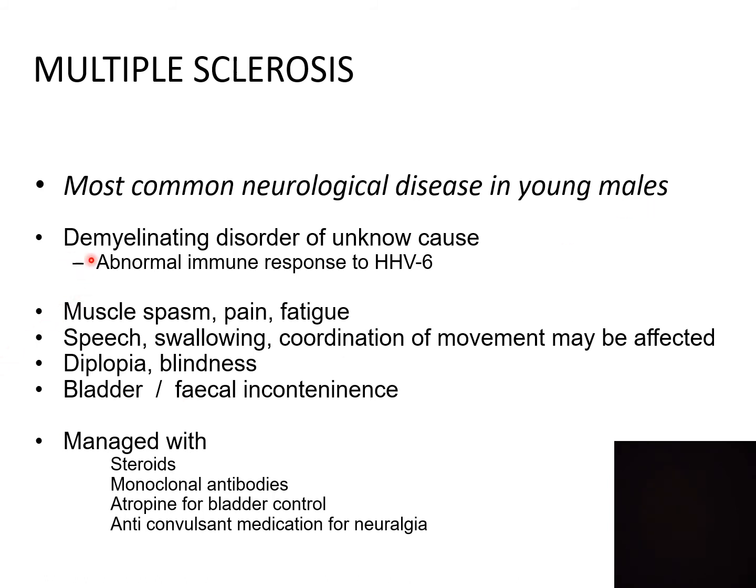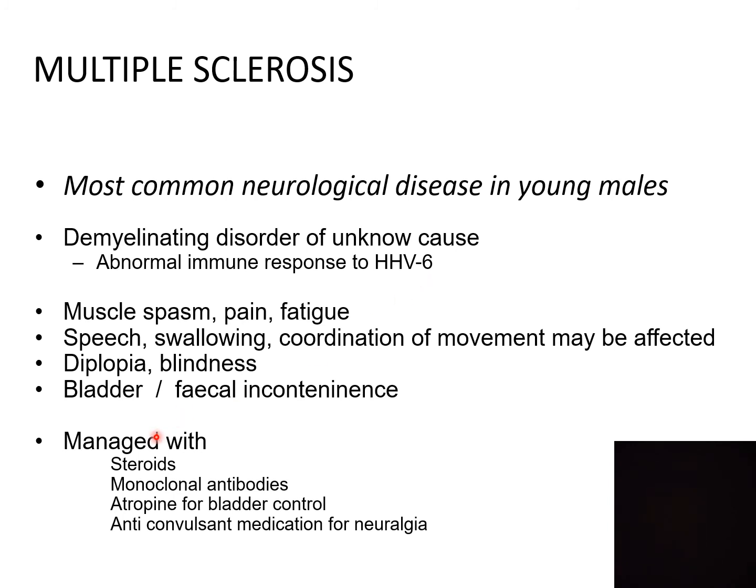So MS is basically a demyelinating disorder of unknown cause. A possible explanation of this disorder is an abnormal immune response to human herpes virus type 6 infection, and this is something we discussed in viral infections of the human herpes group previously.